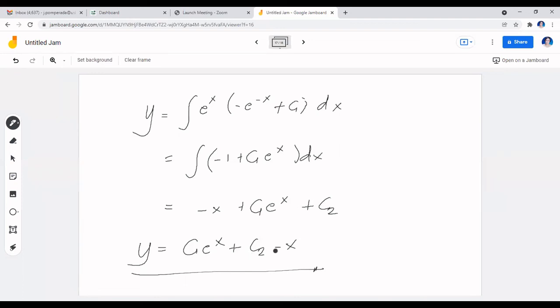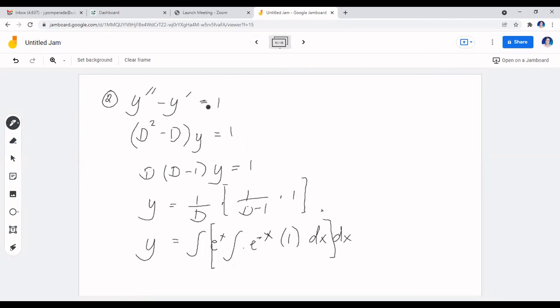Now, notice that your particular solution part is negative x. Look here. You have a constant here. Right? It's a constant. If you wrote this using the method of undetermined coefficients again, you would have written yp is equal to a. Here, your roots are 0 and 1. So you will write yc is equal to c sub 1 e raised to x for this one and c sub 2.